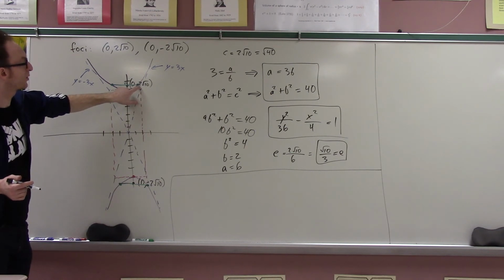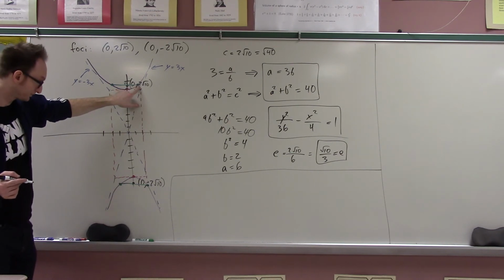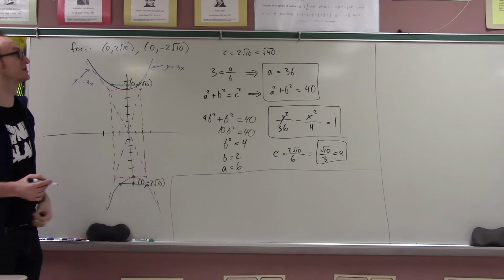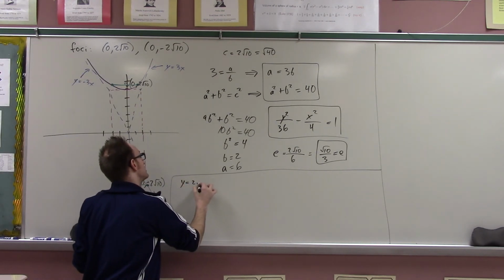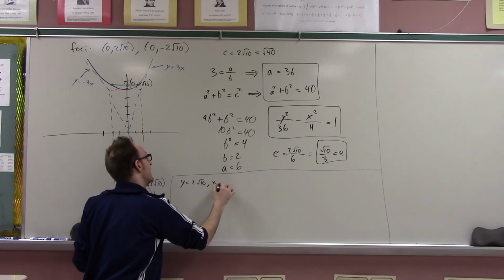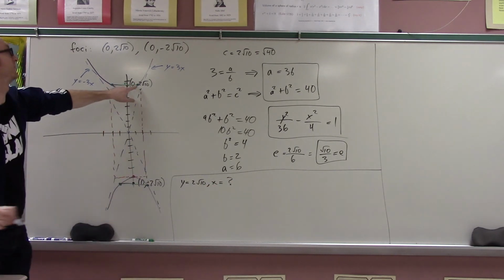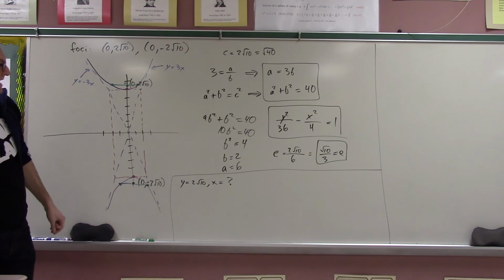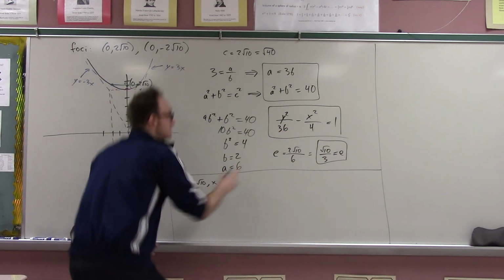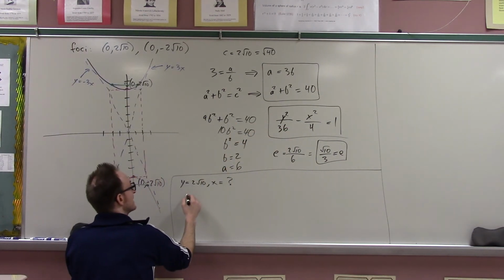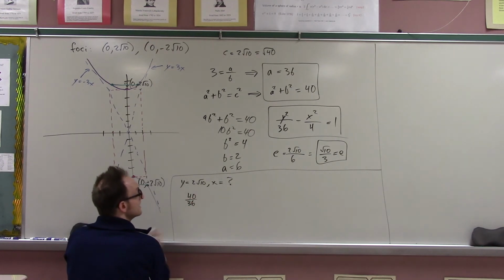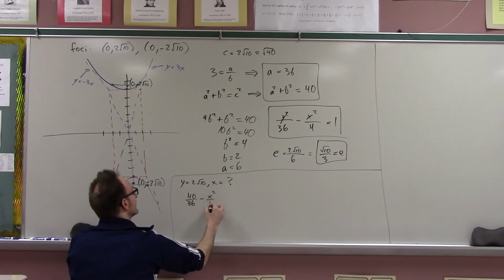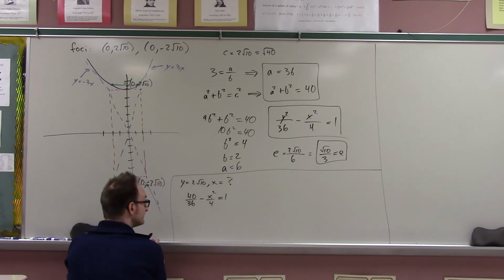So I don't know what that point is, so I call it x. But I do know that the y coordinate is 2 root 10. So one thing you could do is ask, when y is 2 root 10, what is x? That will give you the point that I want. And if that's the equation of the hyperbola, you could just do that, right? So when y is 2 root 10, you would get 40 over 36 minus x squared over 4 equals 1.